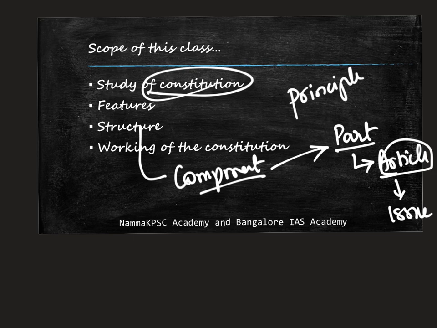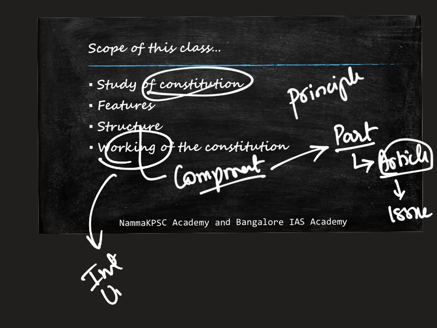Further, after we understand the structure or the components of the Indian Constitution, we will also have to understand the working of the Indian Constitution. When I say the working of the Indian Constitution, we have to mainly understand how the Constitution is understood or interpreted, and how it is undergoing change.